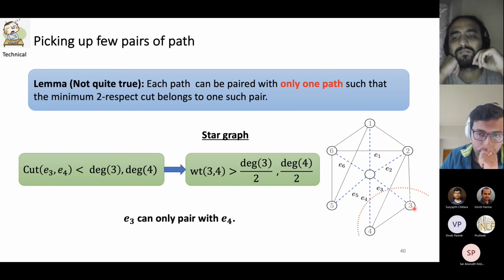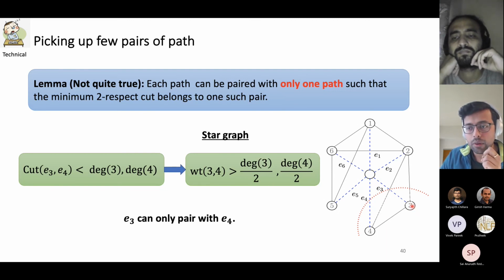Now, if I am only interested in this cut E3, E4, which is the only kind of two-respecting cut, then you know that 3 should pair up with somebody which has strictly more than half of its degree going towards it. But how many such vertices are possible? There is only one vertex. At most one such vertex is possible because this is strictly more than the full degree.